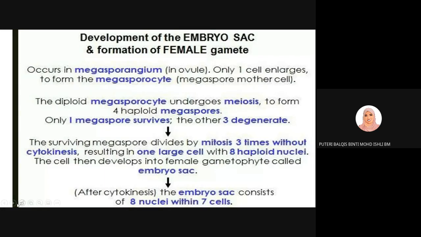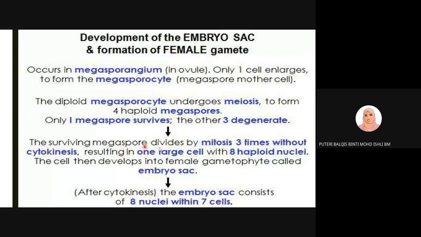Alright, so development of the embryo sac occurs in the megasporangium. Only one cell enlarged to form the megasporocyte. The diploid megasporocyte undergoes meiosis to form 4 haploid megaspores. Only one megaspore survives, the other 3 degenerate.